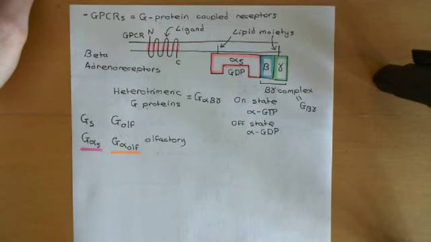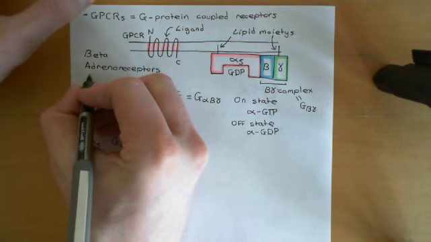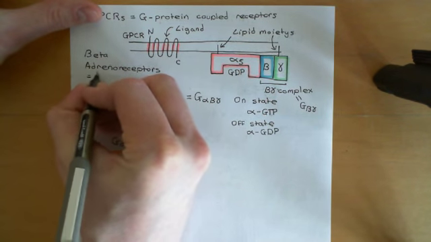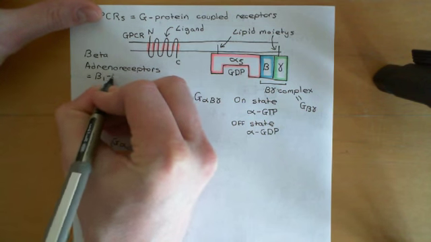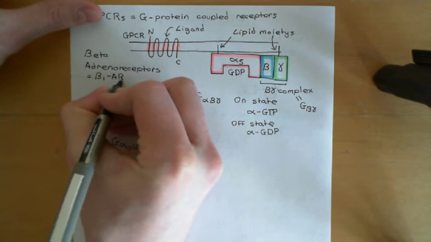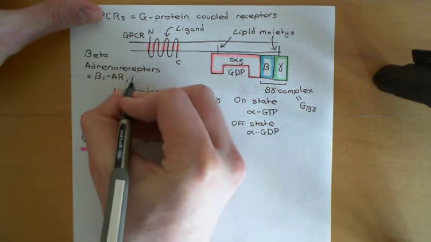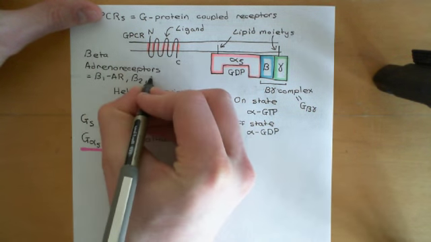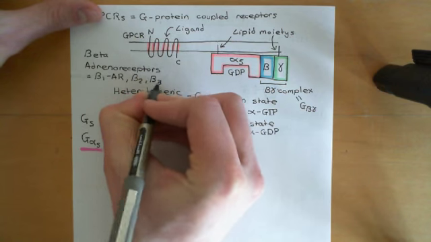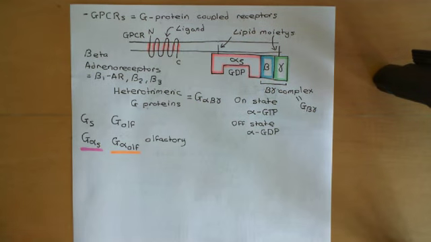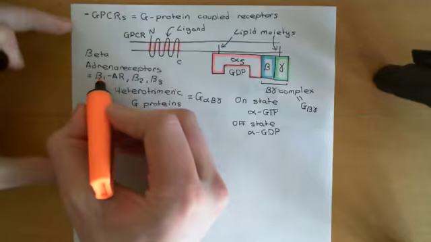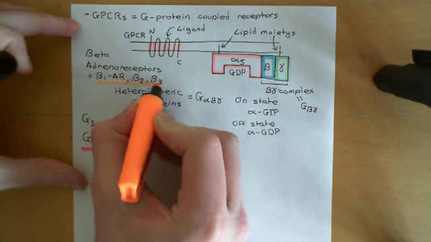So we'll be coming back to these beta adrenoreceptors. But for now, just know that there are 3 of these: beta 1 adrenoreceptor, usually abbreviated to beta 1 AR, and then there's the beta 2 adrenoreceptor and also the beta 3 adrenoreceptor, and they are all examples of G protein coupled receptors which are GS coupled.